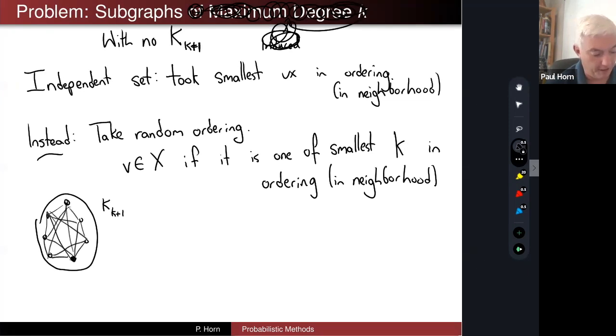One of these would have to be the biggest in this random ordering, and it will be bigger than these K other vertices in its ordering.